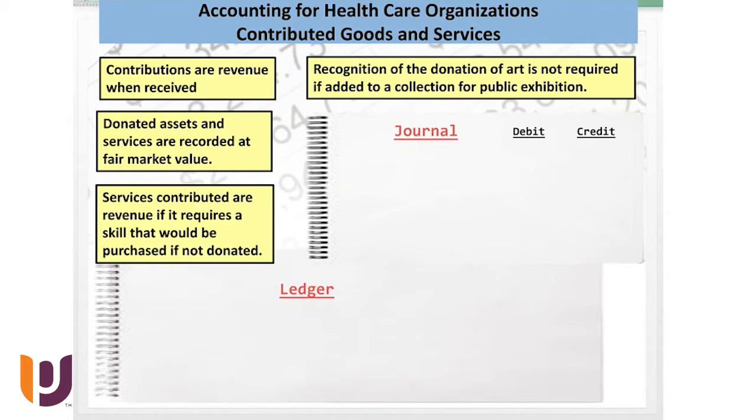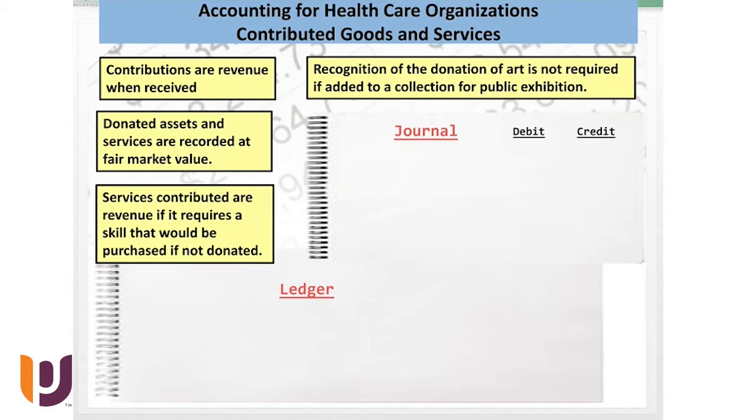Services contributed to a not-for-profit organization should be recognized as revenue if the service creates or enhances a non-financial asset or requires a specialized skill possessed by the donor and would be purchased if not donated. Contributed services are recorded with a debit to expense and a credit to contributions revenue if the service is one that requires specialized skills like a carpenter, lawyer, or accountant.